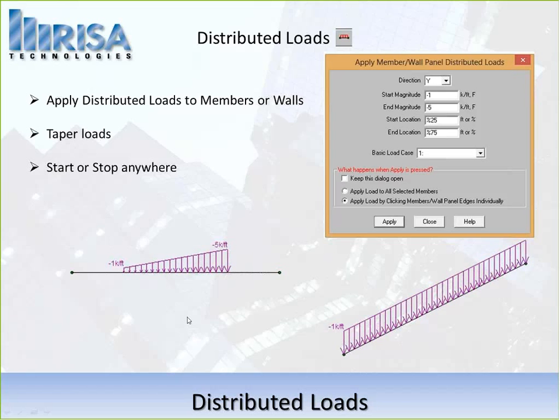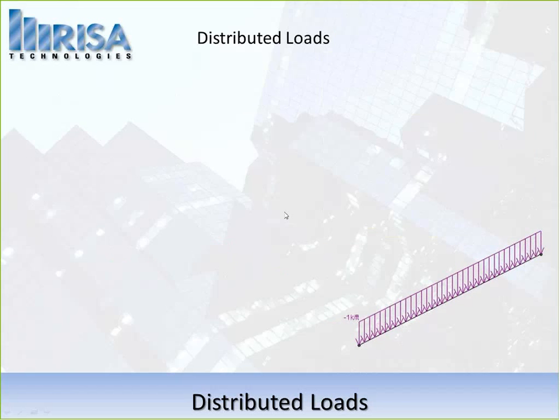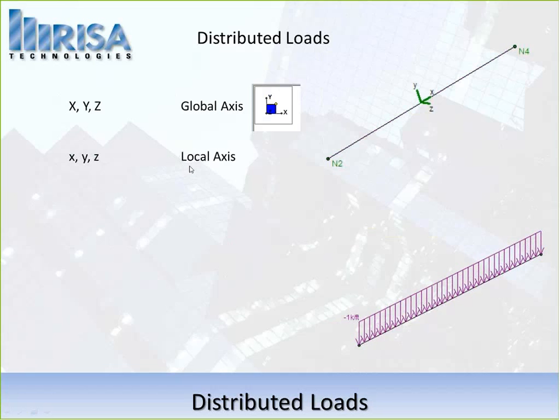So you can work with a lot of different things in your distributed loads, but specifically for the direction of the load, there are some things you can do in the global axis. Again, I mentioned a capital X, Y, and Z indicates global axis. A lowercase x, y, and z indicates the local axis. So you can apply that to the local axis.